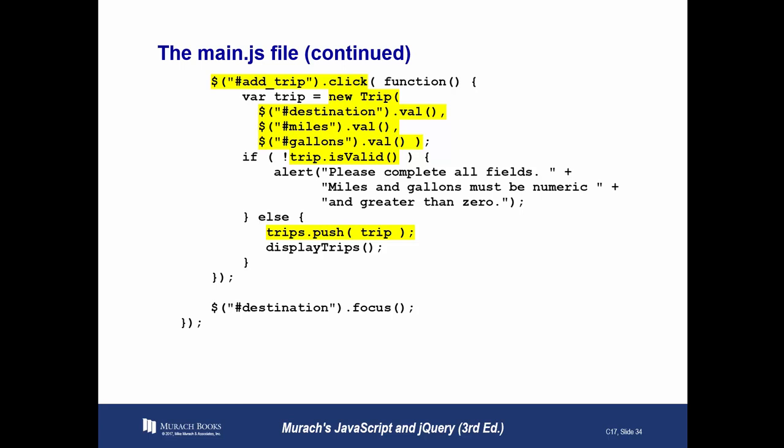Then it calls isValid to make sure that the user entered valid data. If they did not, it'll give them an alert telling them they did something wrong. Otherwise, it'll add the trip object to the trips array. The ready function ends by putting the focus on the text box for the destination.